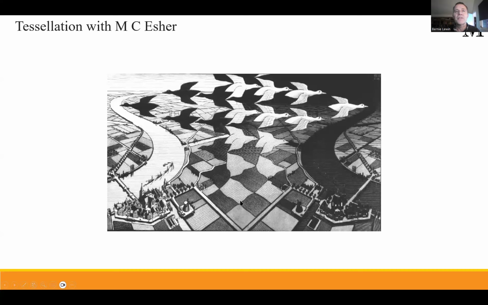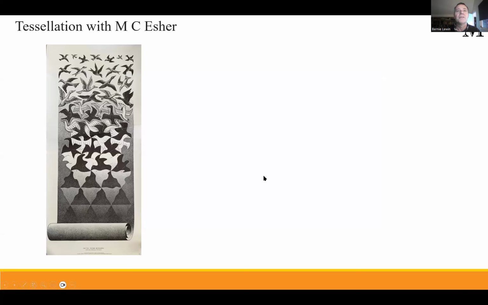He started with the squares, the black squares, and he gets the black bird, and they perfectly tessellate into each other. And here's another one where he's working with triangles. He's got white triangles and black triangles, and see how he modifies them until he gets these two shapes, and the birds fly away.